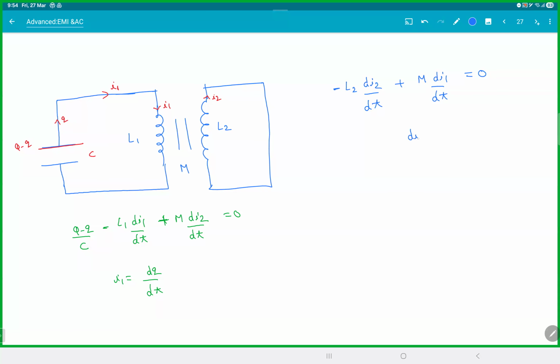So you get di2/dt is simply M/L2 times di1/dt. We take this and substitute here. This will be (Q minus q)/C is equal to minus (L1 minus M squared by L2) di1/dt is equal to 0.